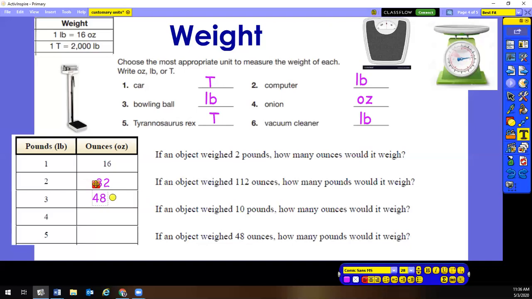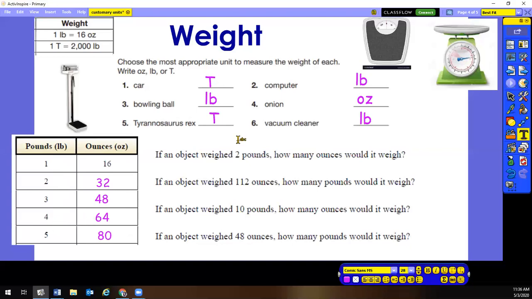Hopefully you got 48 ounces, and 4 pounds should be 64 ounces, and 5 pounds should be 80 ounces. Okay, so all you've done each time is add 16 to it. This is like those input-output tables we do, or finish the pattern. You're just multiplying this number by 16, or you're adding 16 every time if these go in order.